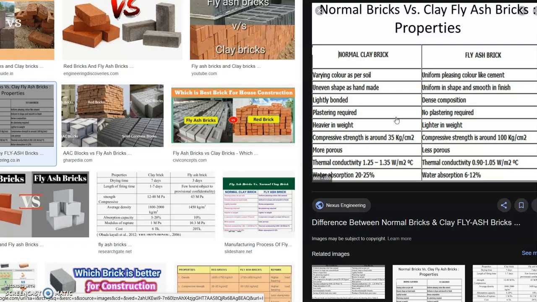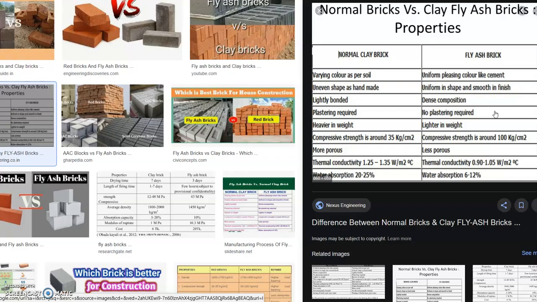If you want to compare clay bricks with fly ash bricks, an important comparison is that plastering is required for normal clay brick, and plastering is not required for fly ash brick. Plastering is nothing but, once you construct the entire wall by laying the bricks one over another, finally a closing layer is provided with the help of cement paste.